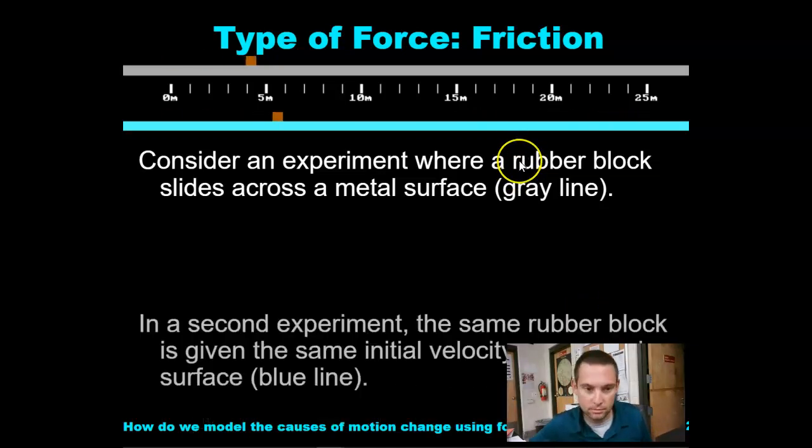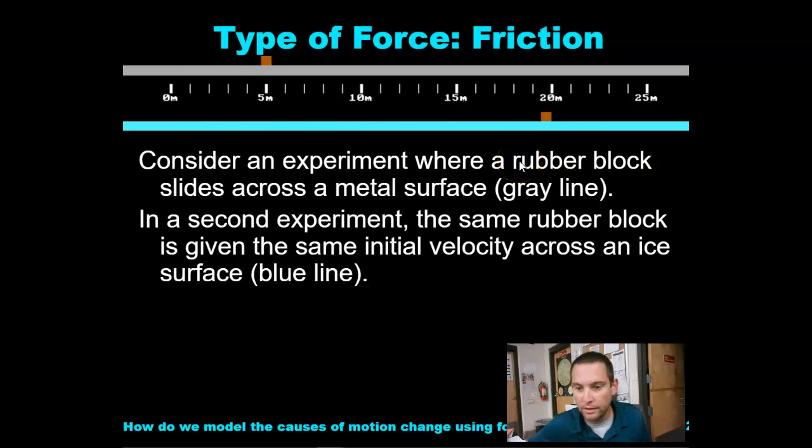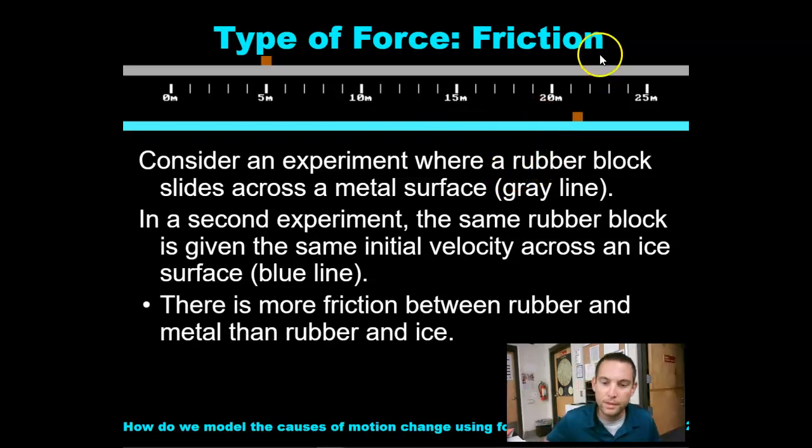That's the gray line. Meanwhile, the same rubber block is given the same initial velocity across an ice surface, the blue line. As you would expect, the one on the ice is going to slide a lot further than the one on the metal. That's because there's more friction between rubber and metal than rubber and ice.